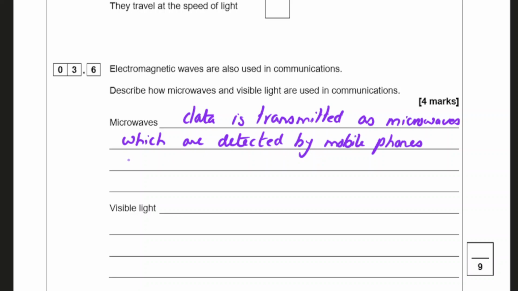You could add via or through satellites.